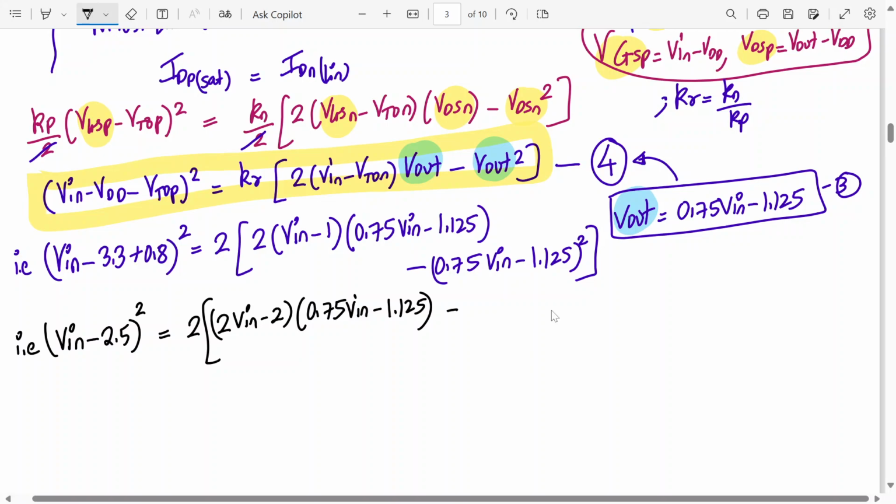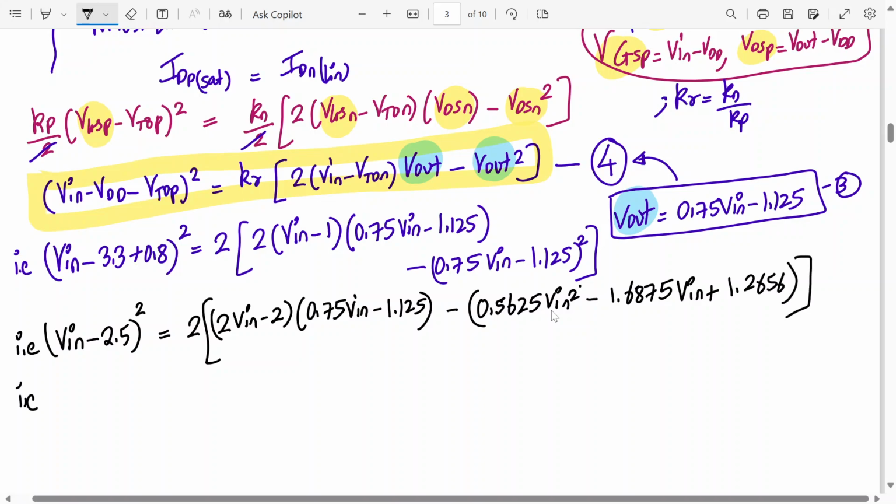So it is 0.75 square, that is 0.5625 V in square. Then minus 2 into 0.75 V in into 1.125. How much is that? That is 1.6875. Please do these calculations. Plus b square, 1.125 square, it is 1.2656. Please check these calculations once.